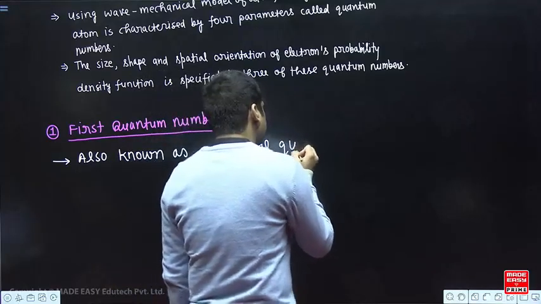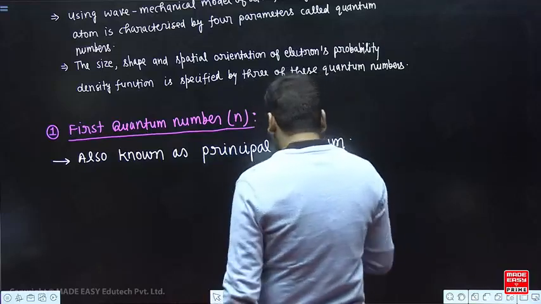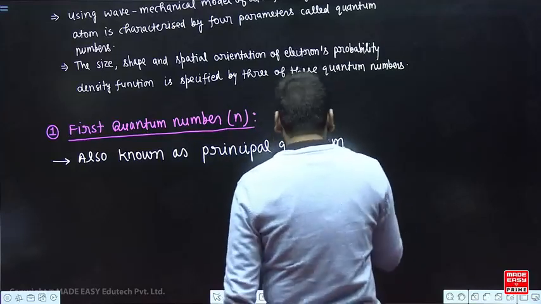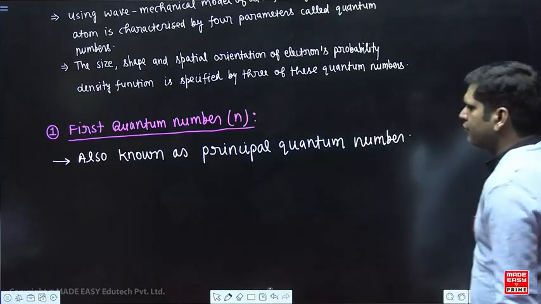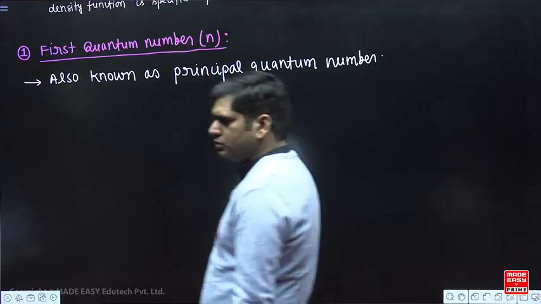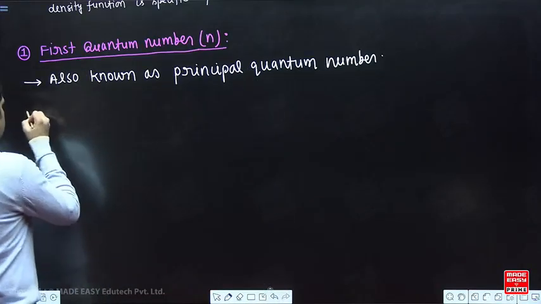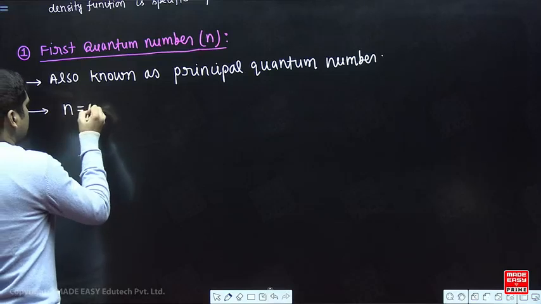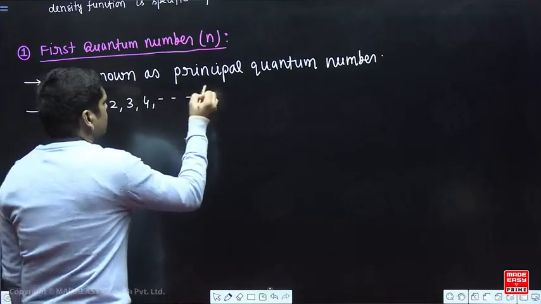Its value starts from n equal to 1, then 1, 2, 3, 4 and so on up to infinity.